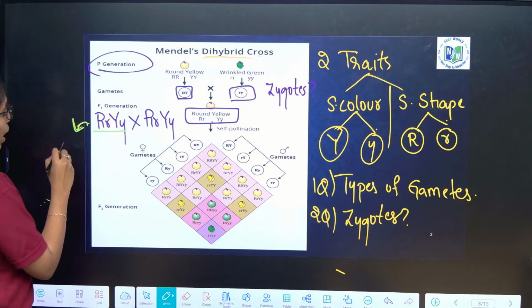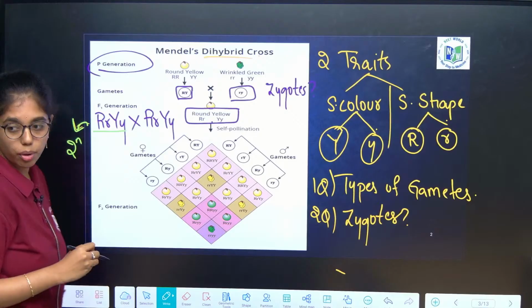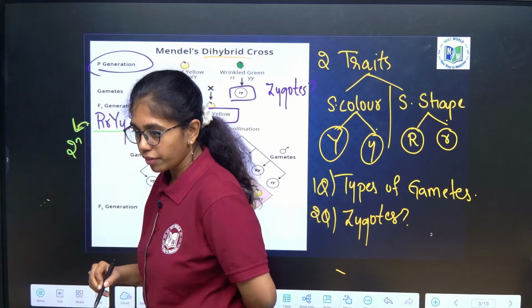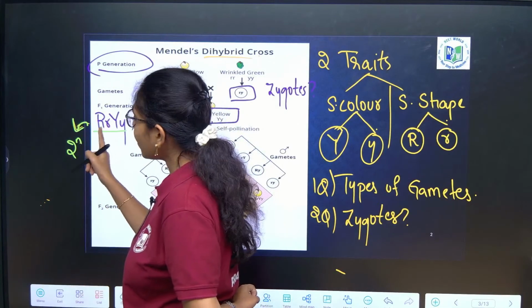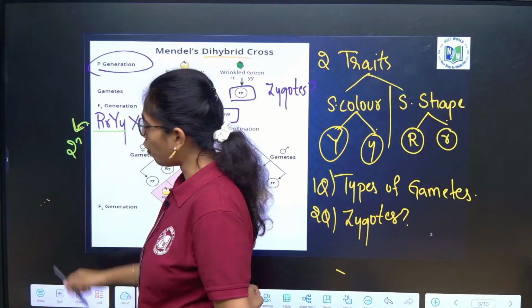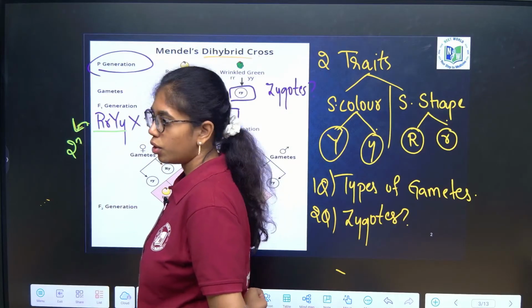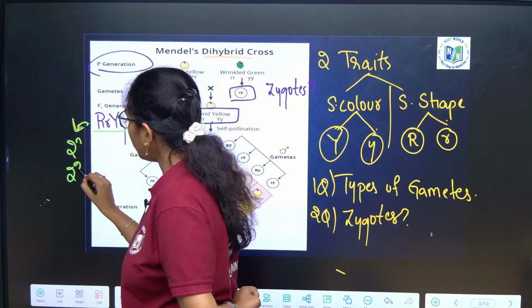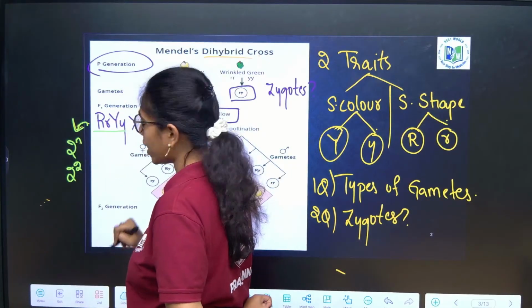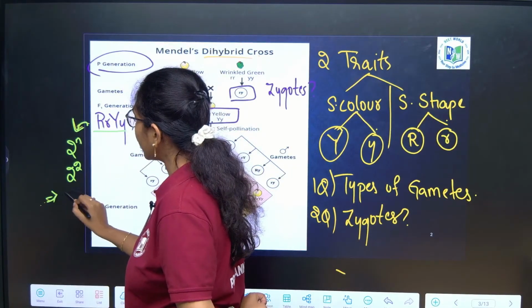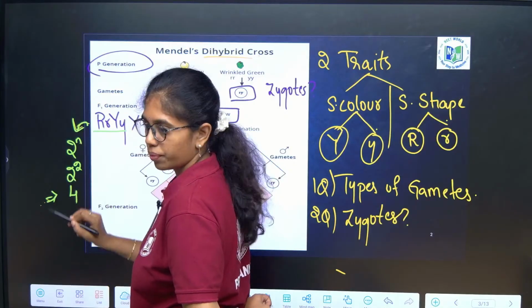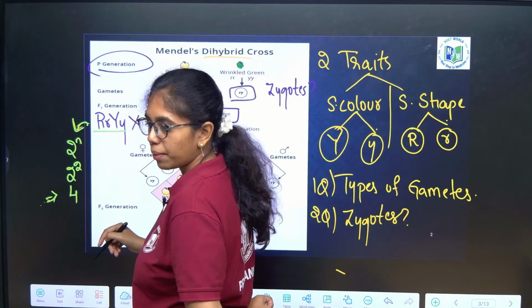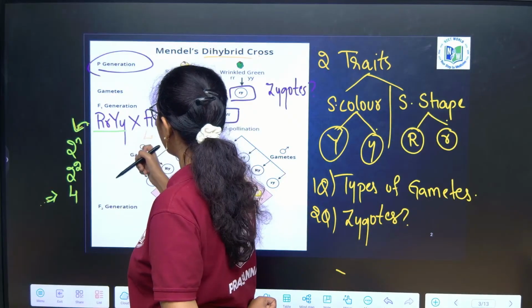There is a formula: 2 to the power of n, where n is the number of heterozygous conditions. How many heterozygotes are there here? 2. So 2 to the power of 2. Same you do for this parent also. Here how many gametes are possible? 4. For this parent also, how many gametes are possible? 4.